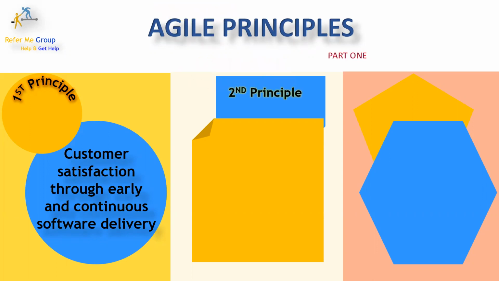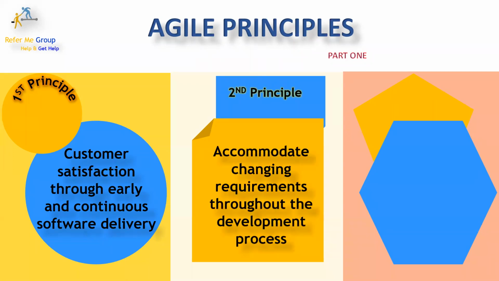The second principle says accommodate changing requirements throughout the development process, because nowadays customers are demanding and the market is very competitive. Over the last 2 or 3 years, once the COVID situation hit across the globe, requirements changed. Companies thought they could give employees some extra amount to set up an office at home. So requirements are changing, and when you are in Rome, be a Roman, correct?